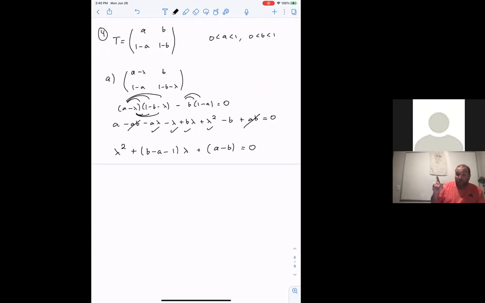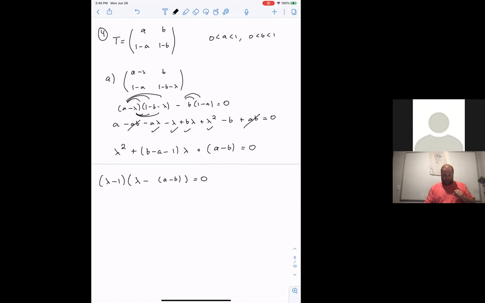Actually, I don't even have to. They told me that 1's an eigenvalue. So that means I know that if I try to factor it, I'll have a lambda minus 1. And then it's lambda minus the other eigenvalue is equal to 0. Well, this one has to be A minus B. Because when I multiply it out, minus 1 times minus the thing at the end has to give me that guy right there, A minus B. Let's check to see this works.